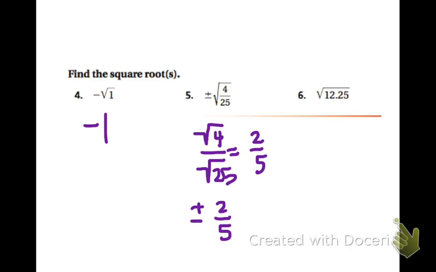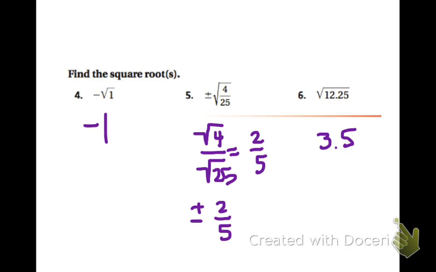And then when you start to get into the decimals, now this isn't a perfect square. We would have to evaluate it using a calculator. Depending on the type of calculator you have, just the regular old TI-30 would be entering the number 12.25, and then you'll see the square root button right next to the division sign, and when you hit that, you'll get 3.5. We wanted the positive value of that.